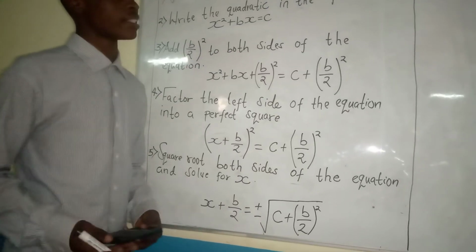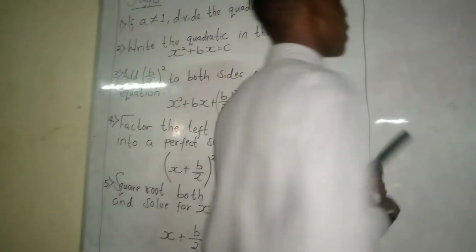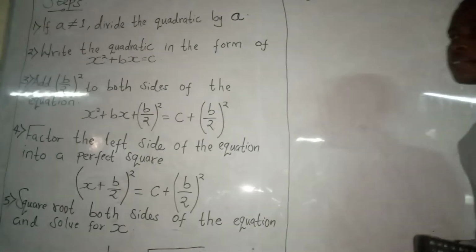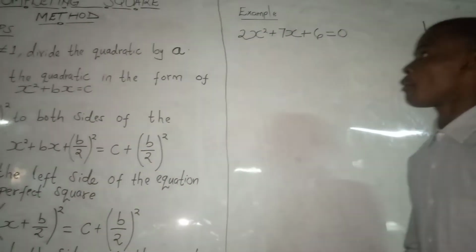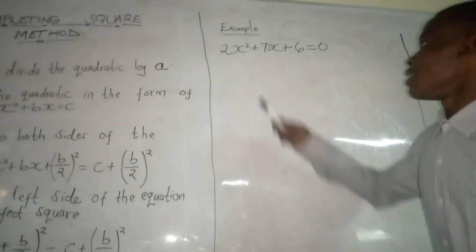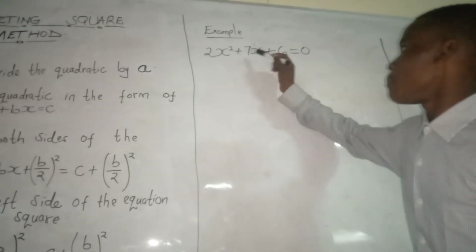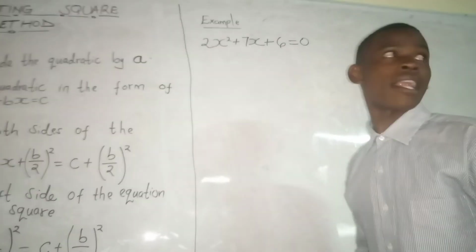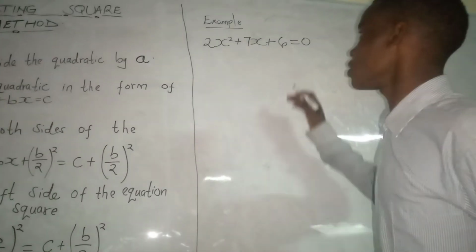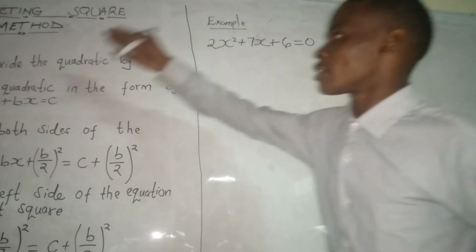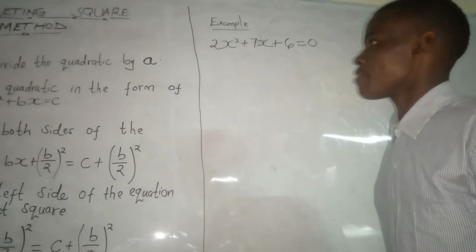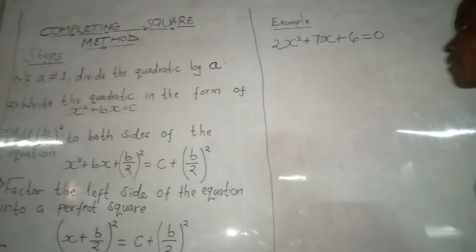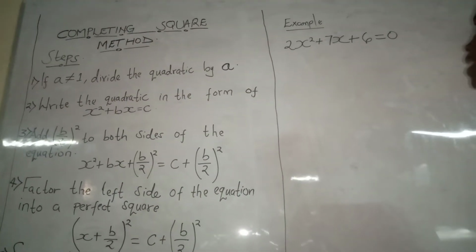Now we come to our example, which I have set for you here to show you the steps that I've shown you. Our question is 2x squared plus 7x plus 6 equals 0. This is where we start with step 1, which states if a is not equal to 1, divide the quadratic by a.